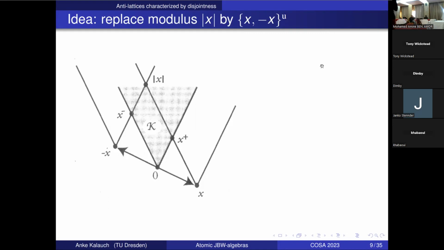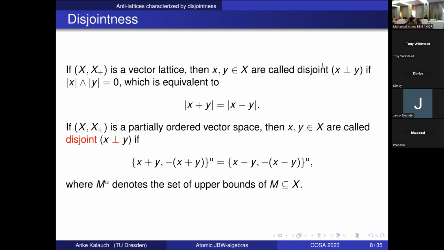So any equation on moduli, we can translate into a relation of sets of upper bounds. So you can translate any definition, solidness, disjointness and whatever. So let's go back. That's what happens here. Instead of the modulus, I write just the set of upper bounds of x plus y and minus x plus y, and on the right hand side the same for x minus y. This is the simple trick.